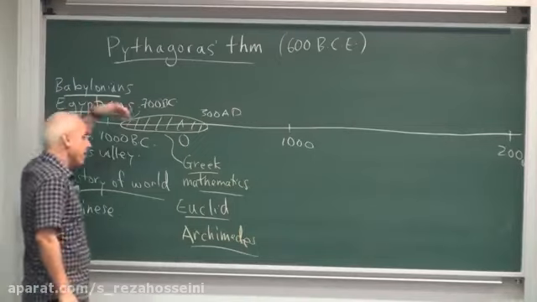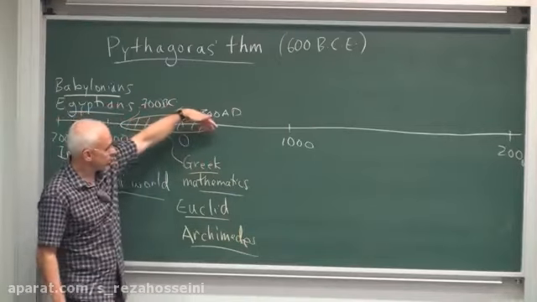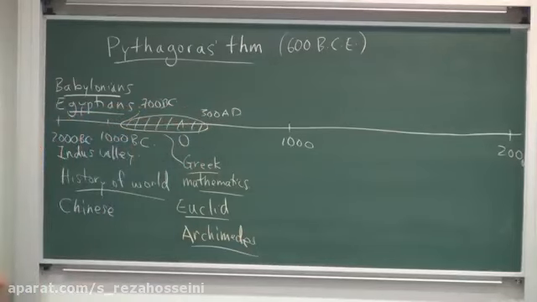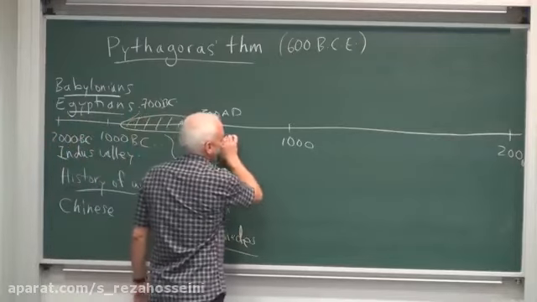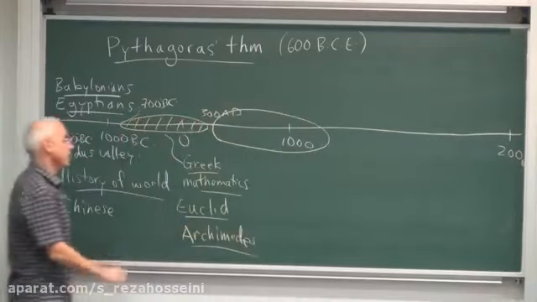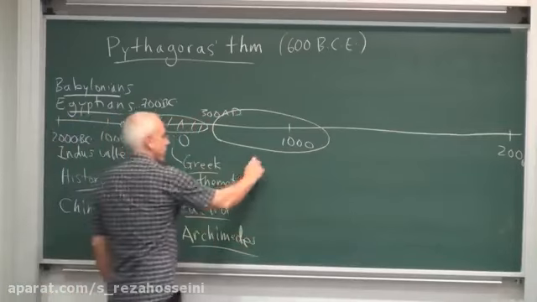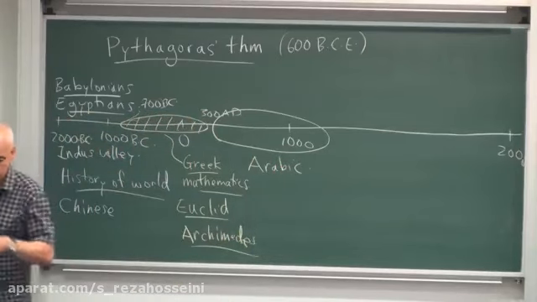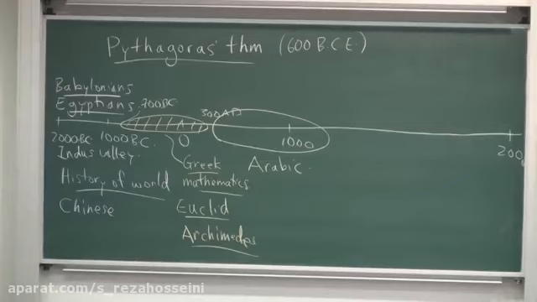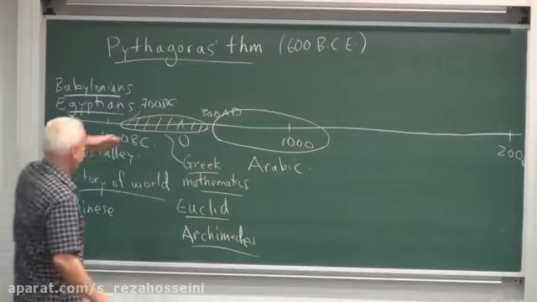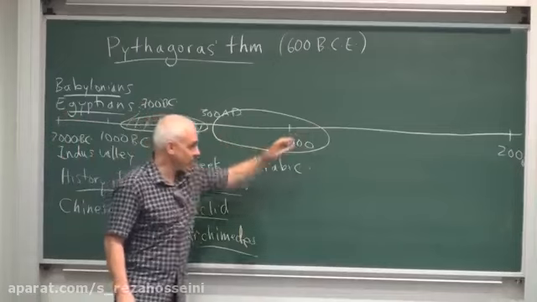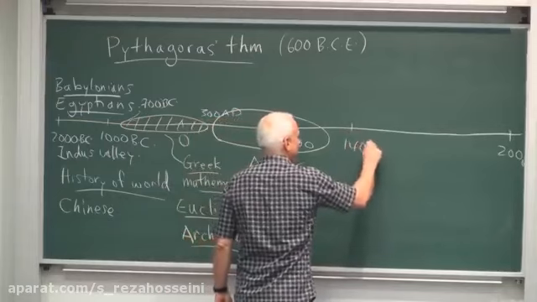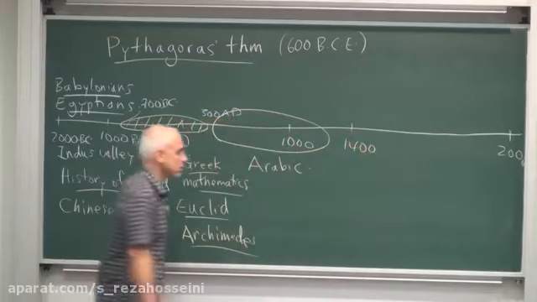Okay, then we move on. The Greek civilization died down, and essentially a period of Arabic Middle Eastern influence took over. So we have Arabic development, starting from the Middle East, but ultimately emerging into Europe, and so the Arabs are a bridge from the Greek mathematics to the Europeans. And the Europeans start perhaps roughly around 1400, 1500.